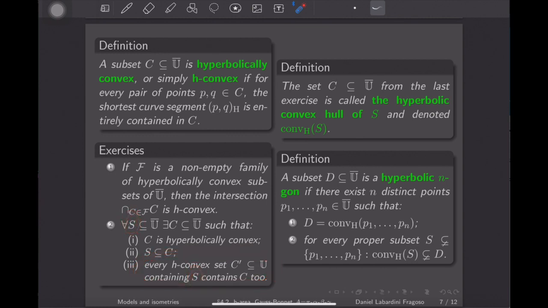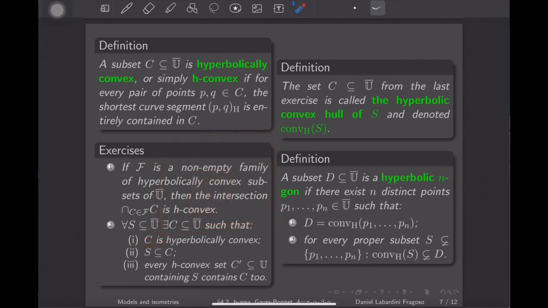So I have my set S, and there exists C, which contains this one and is convex, and it's also contained in any other convex set containing it.